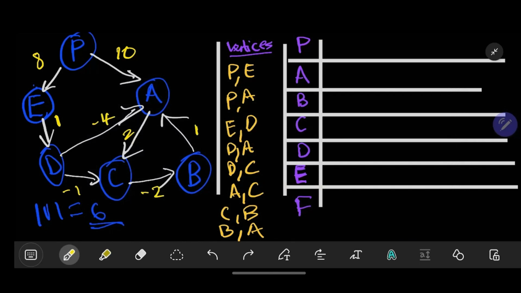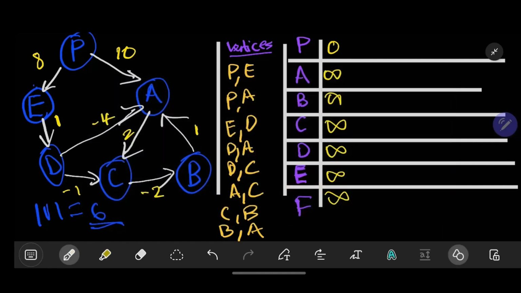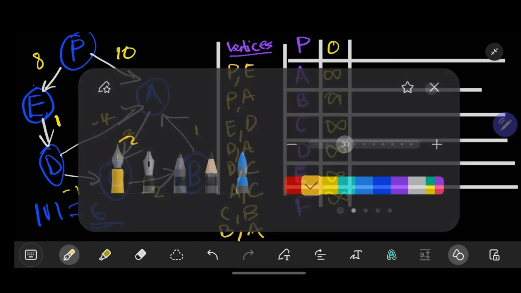So let's go ahead and start looking at this, right? Before we do anything, we know the first rule is we make our start point 0, we make everything else infinity. Okay, so everything else is infinity. Once we're done with that, we are now going to look at each of the edges.